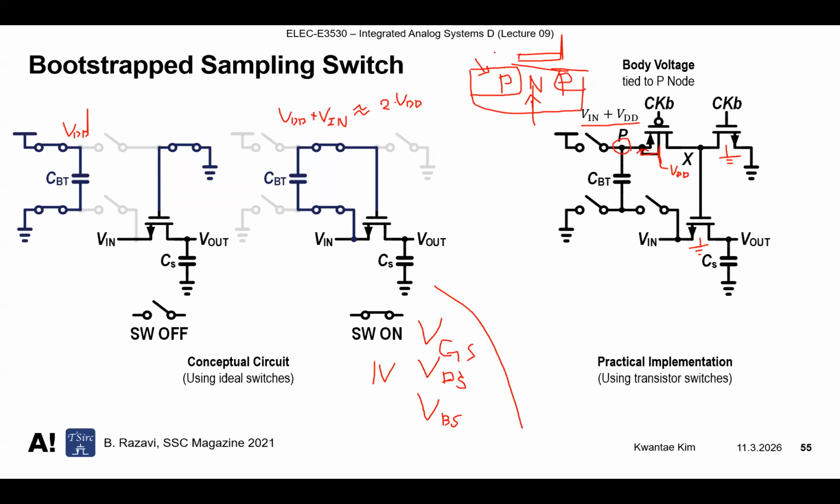So we tie this body voltage to the source, so those are connected, such that this VP will be the same as the body voltage. Then we can fully control by controlling the gate voltage. This is the situation. And when the clock bar is 0, then P and X will be connected by switching on the transistor. We will talk about this maximum rating in a later slide.